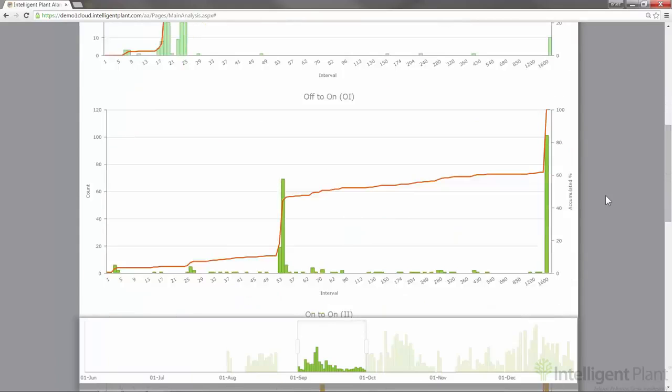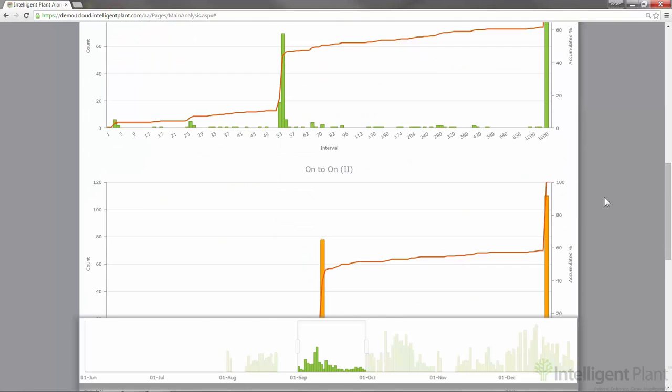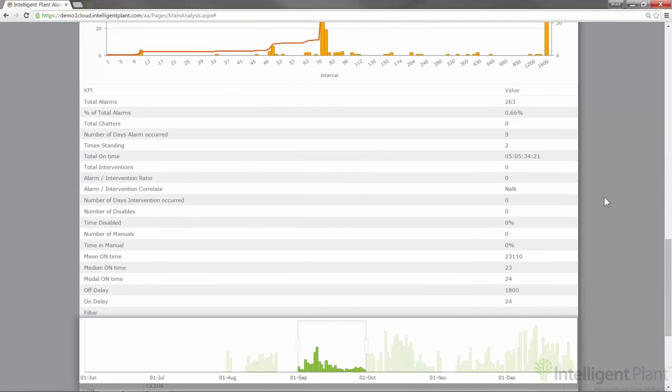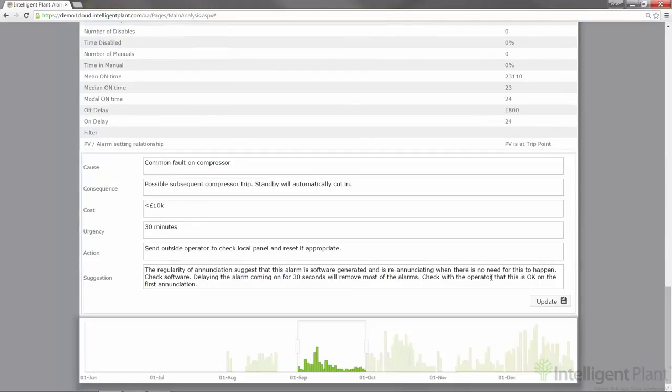There is a similar situation for the off to on, and this is quite likely due to a piece of software that is running and periodically re-enunciating what it sees as a problem. Again, we have the KPIs, and we can fill in what we have diagnosed.